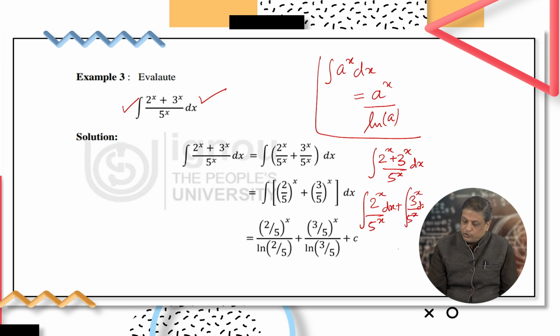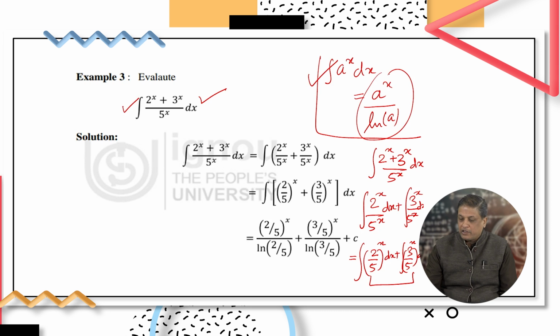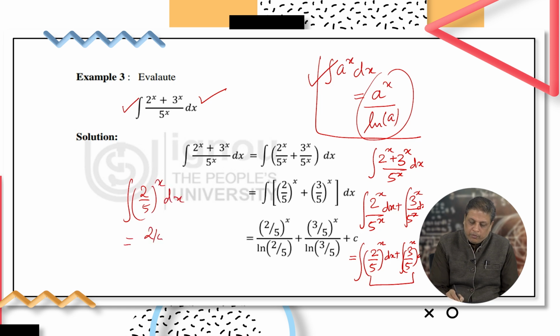So that means you can write this integral as integral of 2 by 5 to the power x dx plus integral of 3 by 5 to the power x dx. Now these are of the form a to the power x dx, so simply apply the formula, which is a to the power x upon natural logarithm of a. So integral of 2 by 5 to the power x dx will turn out to be 2 by 5 to the power x upon natural logarithm of 2 by 5.